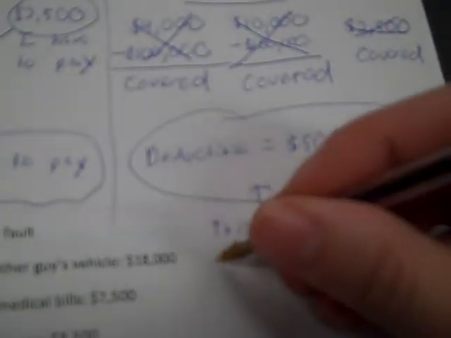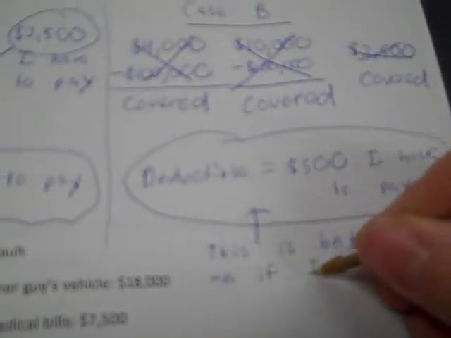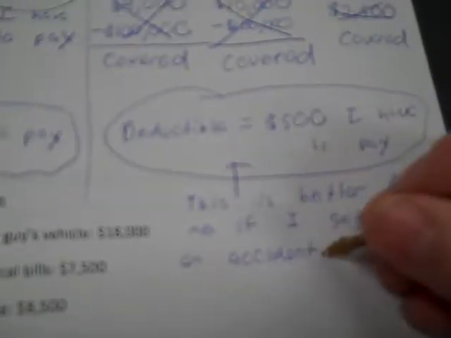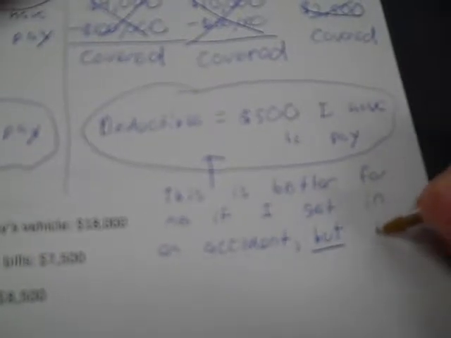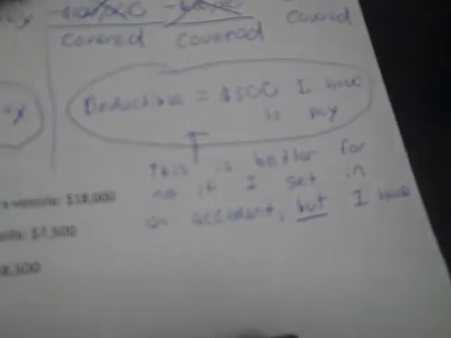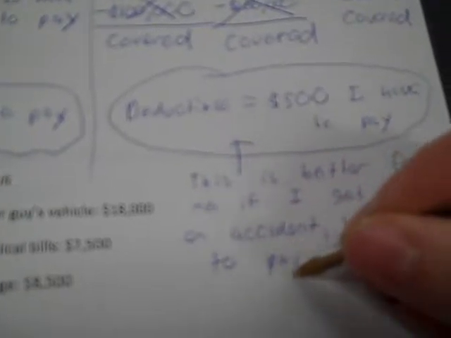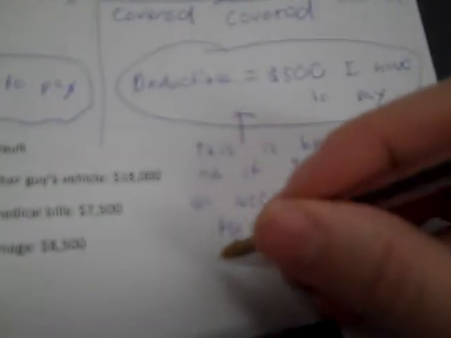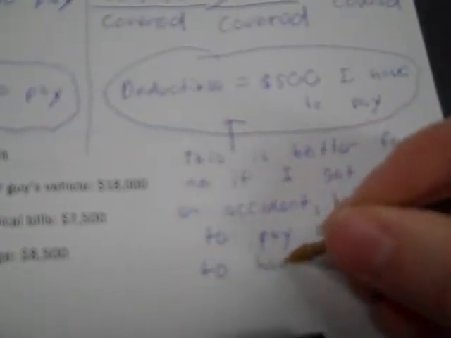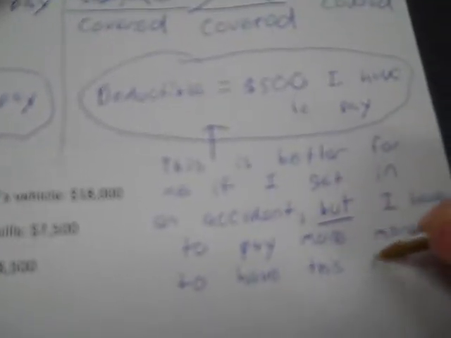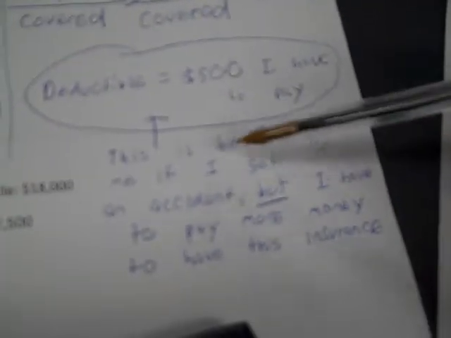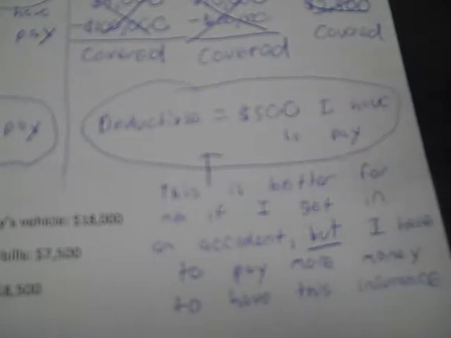This is cheaper if I get in an accident, but I have to pay more money to have this insurance. Okay? Again, this is better for me if I get in an accident, but I have to pay more money to have insurance.